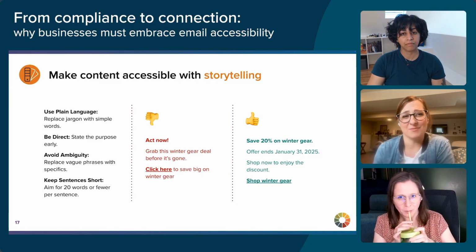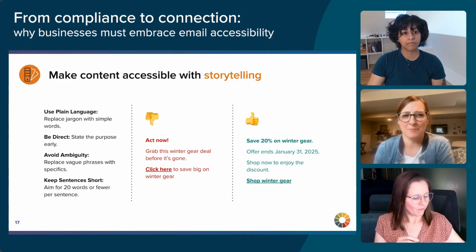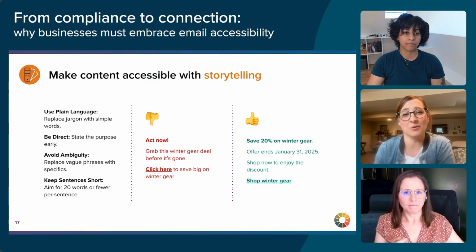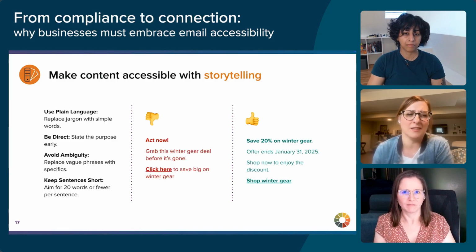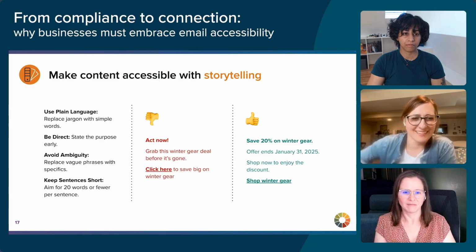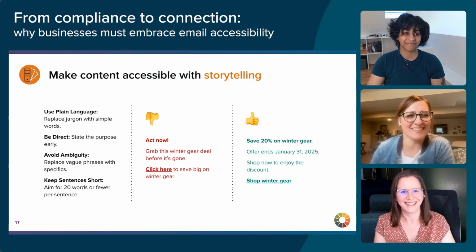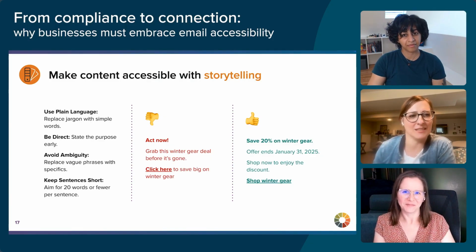At first glance, sometimes the original message might seem fine, but as you go into refining it, it can make a really big difference in clarity and usability. So the ineffective example, marked with a thumbs down and the red text, is vague. It's missing key details. Phrases like "act now" don't tell the customer what the deal actually is.